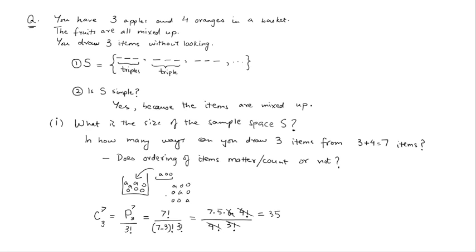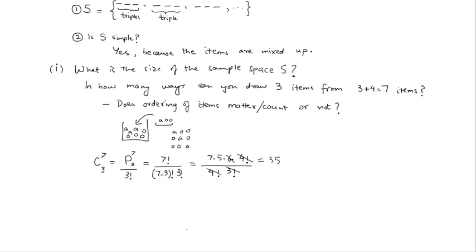Okay, so this should be the size of your sample space. This means that from the 7 fruits, if you randomly pick sets of 3 fruits, you can do this in 35 different ways.